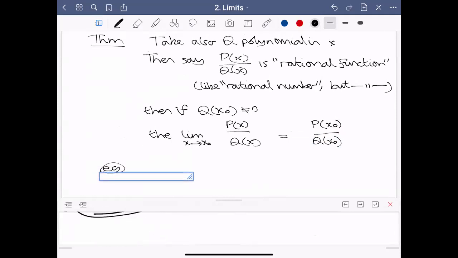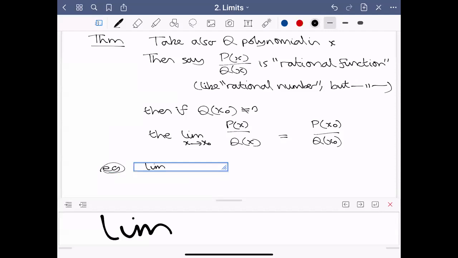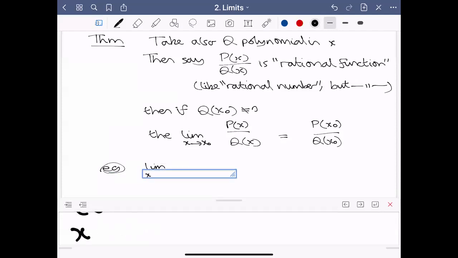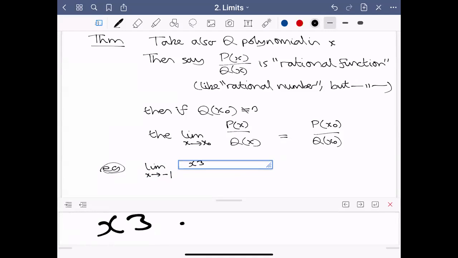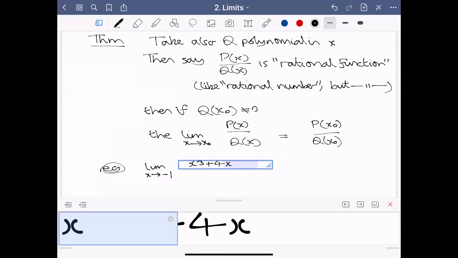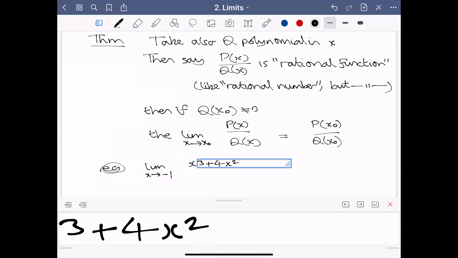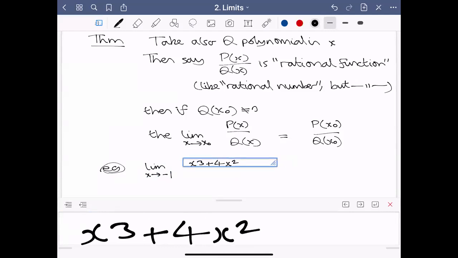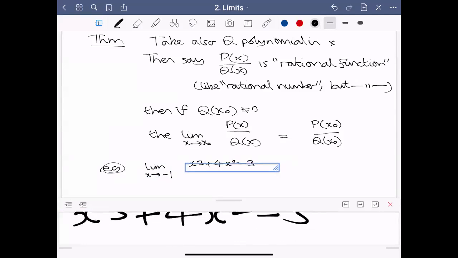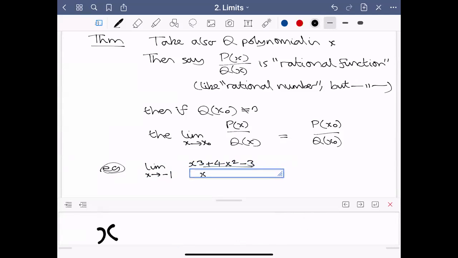For example, the limit as x goes to -1 of this rational function, because the value of q(x) at -1 is non-zero.